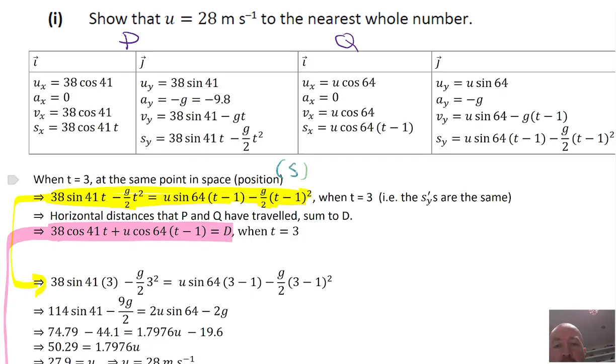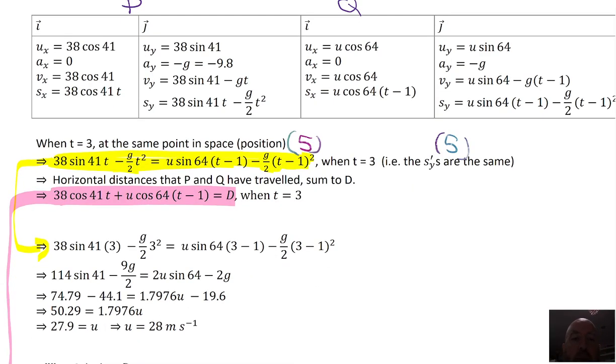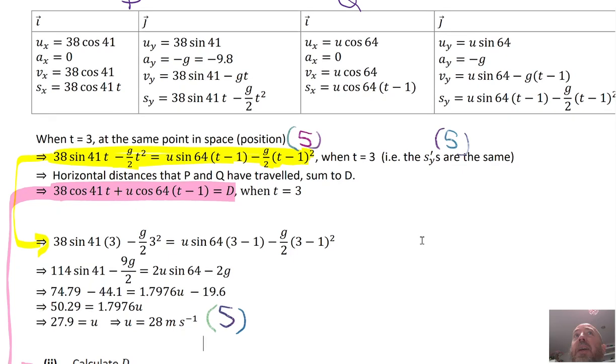I suppose put it this way: you get 5 marks for saying the SYs are the same, and 5 marks for writing down this equation. And 5 marks for getting that right. So that's 15 out of 50 for that first part.